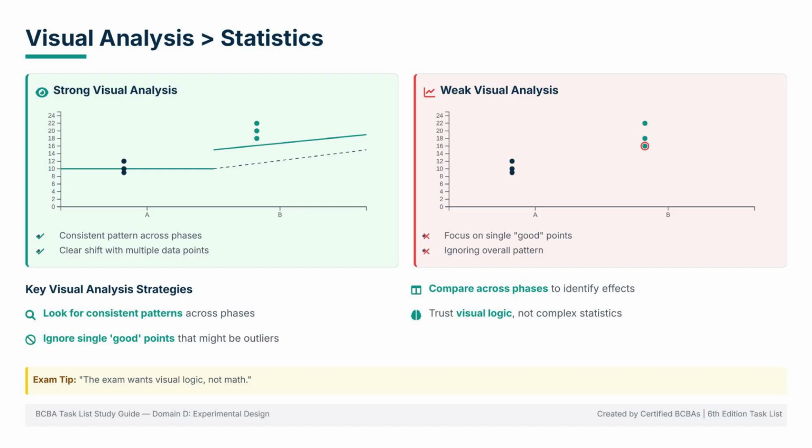A weak visual analysis focuses on one good data point and ignores the overall pattern. This can be a trick the exam uses to mislead you. Key visual analysis strategies. Always compare data across phases. Ignore single outlier data points. Focus on overall trends. Exam tip. The exam wants to see your ability to logically analyze data, not to crunch numbers.